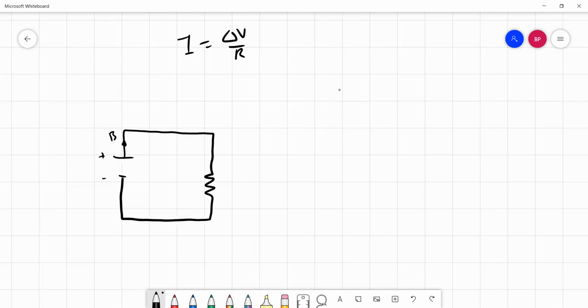So let's call this point B. Let's call this point A, this point C, and this point D. And let's also assume that A is grounded. So that means that A is held at 0 volts. And this is the symbol for grounded here. Okay, so A is at 0 volts.